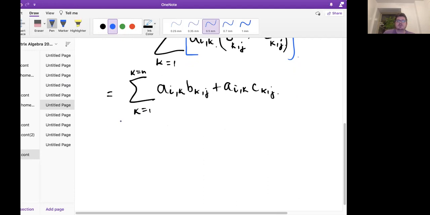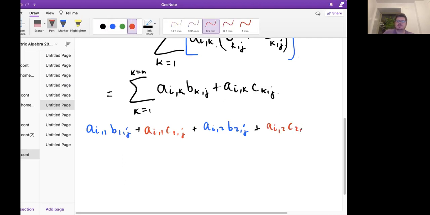Starting from k equals 1, you have AI1 B1J, and then you're adding AI1 C1J, and then you add AI2 B2J, and then you add AI2 C2J, and keep on going.